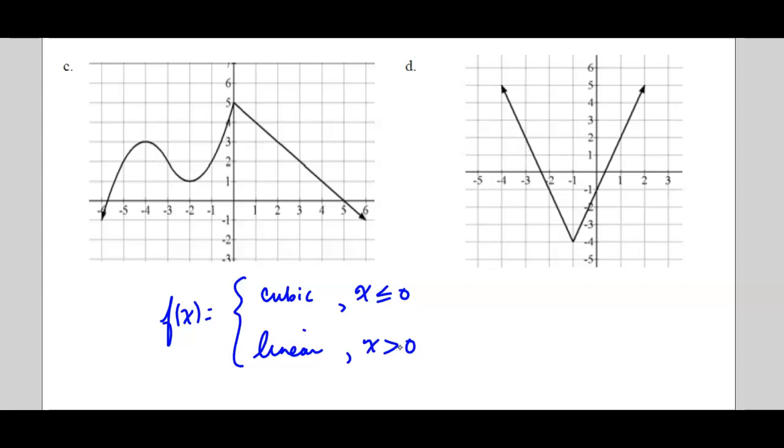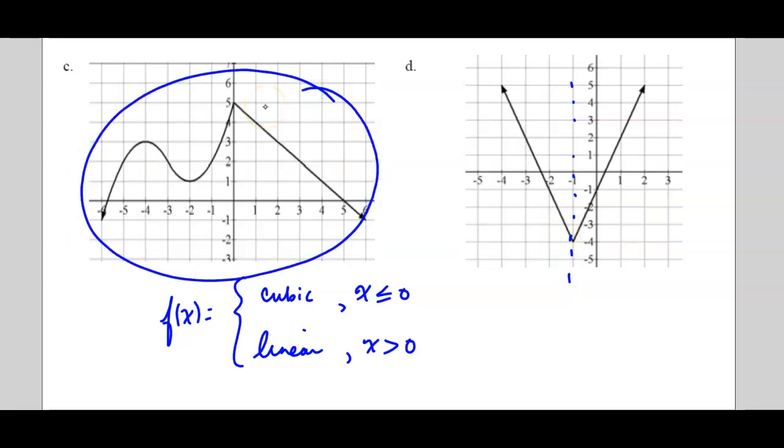Next one, you could use piecewise, but that's also an absolute value function. Anytime it's a V shape that's symmetrical, so if we look at going through the vertex, it's symmetrical about it, so that's the absolute value of a linear expression, and then it's obviously translated down. So this one I should have circled, sorry.